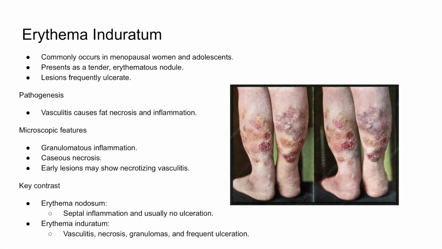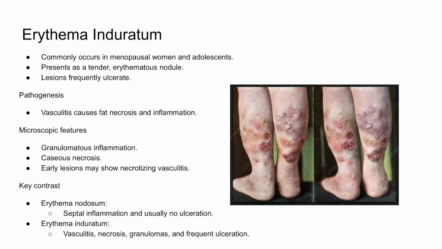It produces recurrent tender nodules that classically involve the posterior calves. Unlike erythema nodosum, these lesions frequently ulcerate and may heal with scarring. Histologically, it is generally a lobular panniculitis with vasculitis, fat necrosis, and granulomatous inflammation. Caseous necrosis may appear in tuberculosis-associated disease.